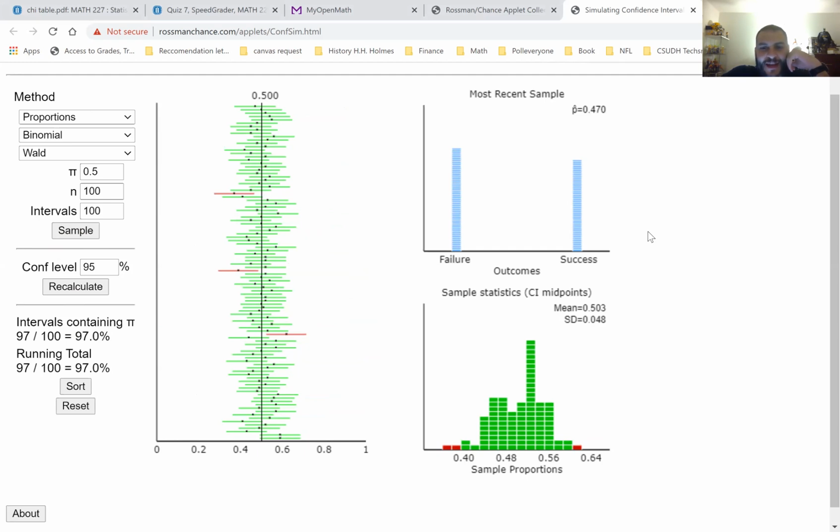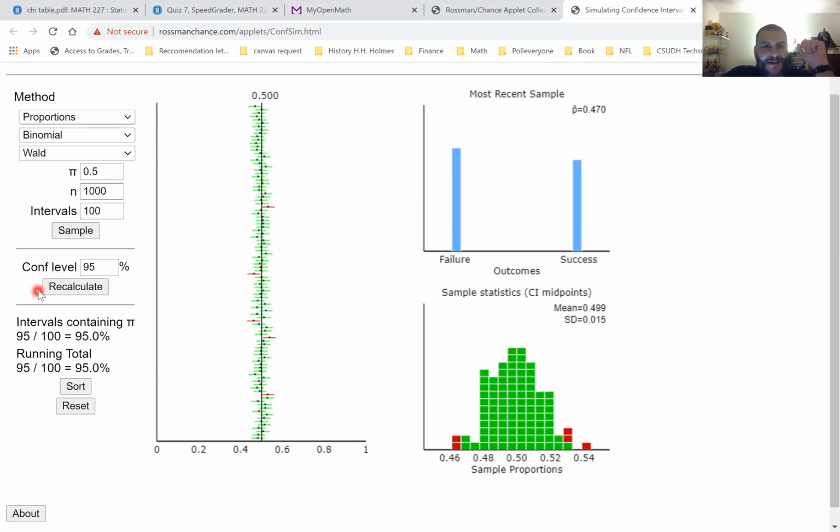All right, if you look at it, it indeed got narrower, because the bigger your sample size is, the more accurate it's going to be. If I were to increase this to like 1,000, it would become even narrower, because the bigger your sample size is, the more trustworthy it is, and the more accurate it will be.